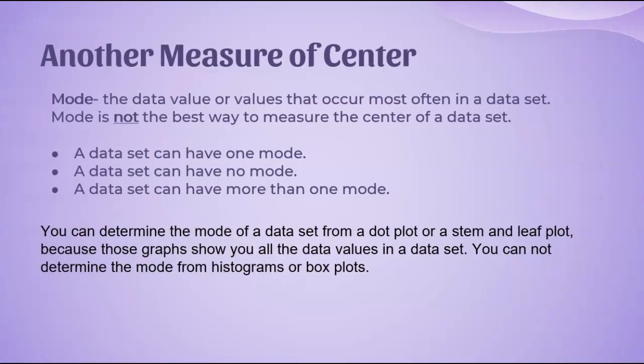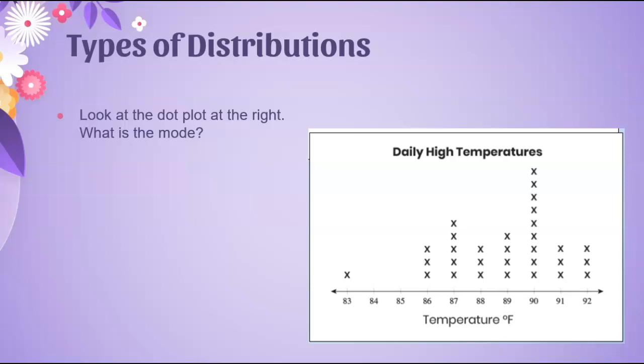We're going to work on this. So let's look at the dot plot on the right. We want to find the mode. Remember, the mode is the data value that occurs most often. Each one of these x's represents the exact data value.